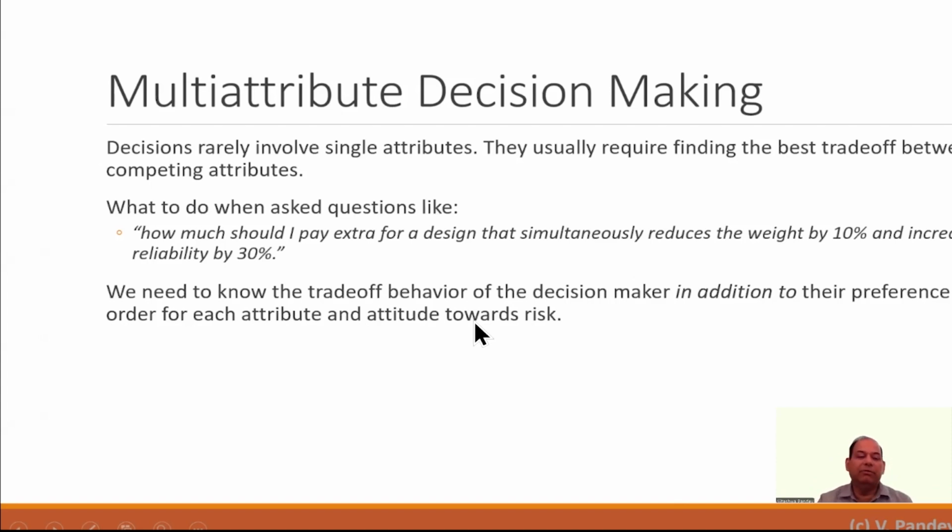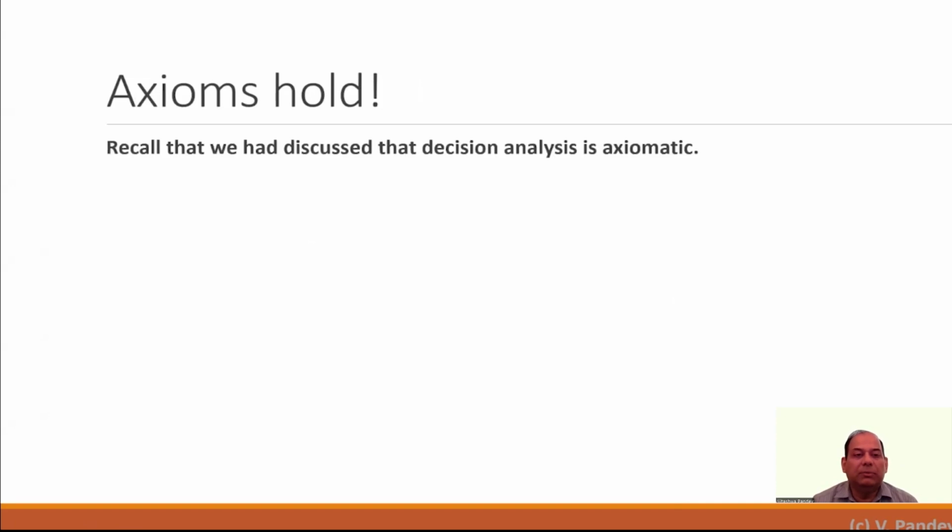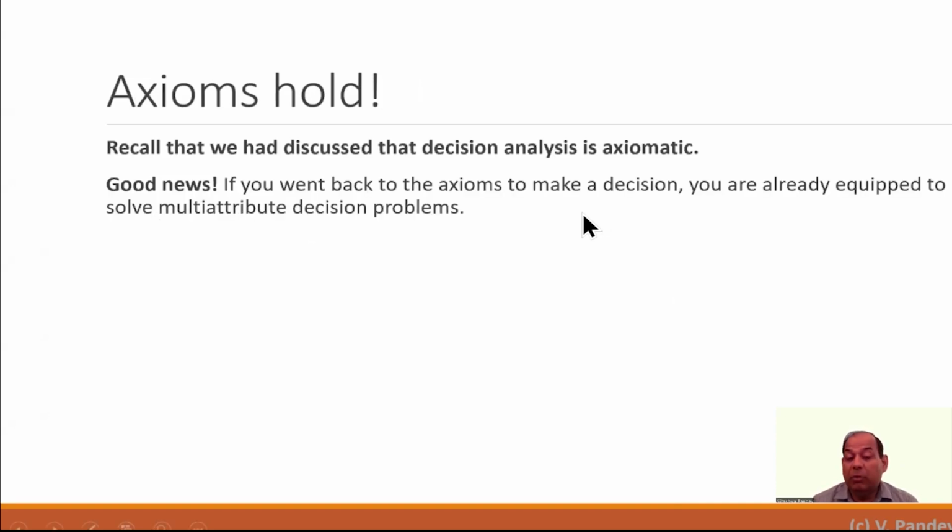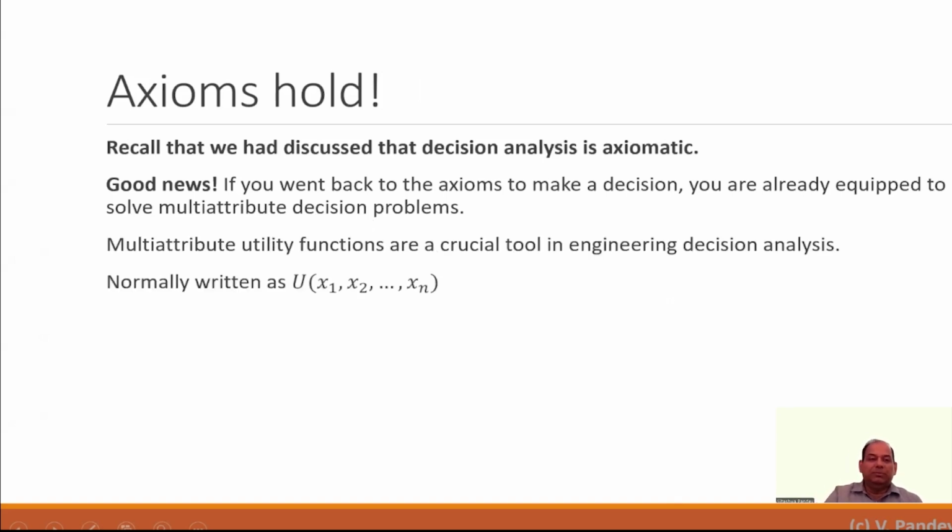The 5 axioms we learned are perfectly applicable to multi-attribute decision-making problems. The idea of utility function still holds. So let's see. Axioms hold. Decision analysis is axiomatic. If you went back to the axioms, you have all the tools, all the basic tools, I should say, necessary available to you to solve multi-attribute decision problems.